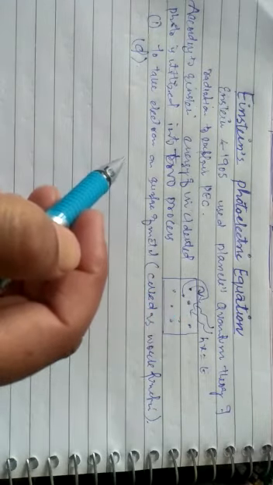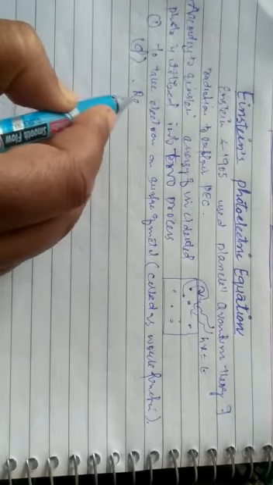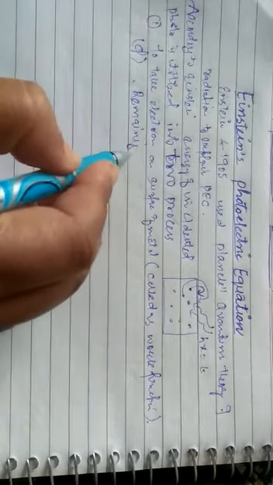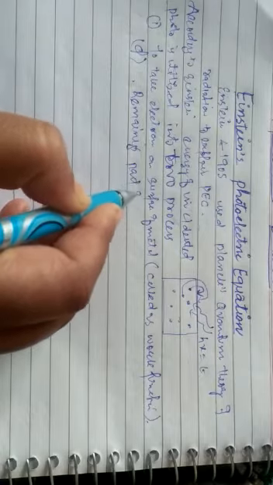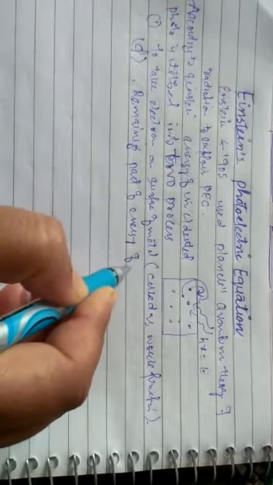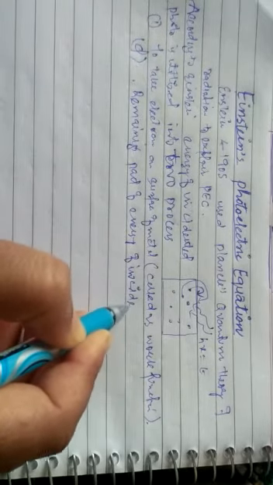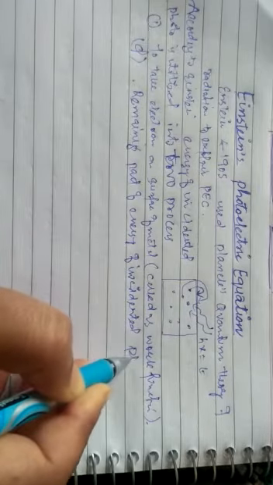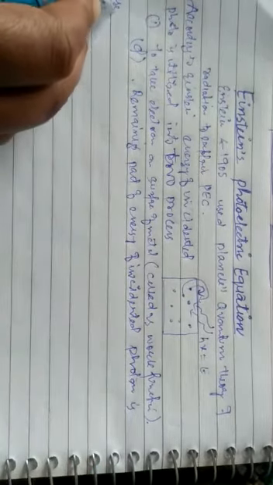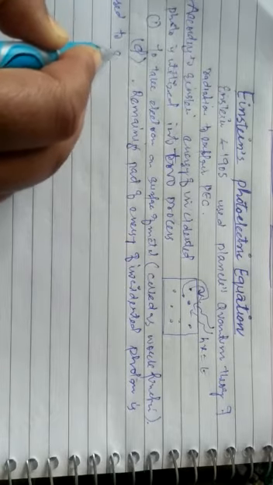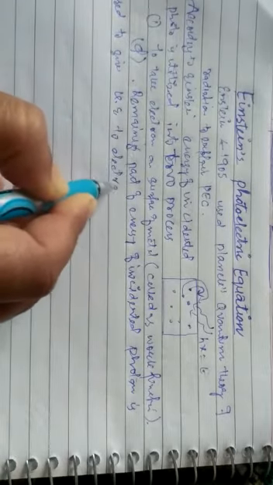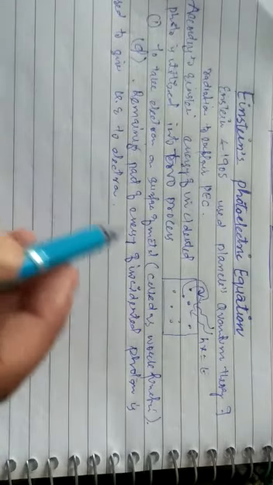The second part, the remaining part of the energy of the incident photon, is used to give kinetic energy to the electron.